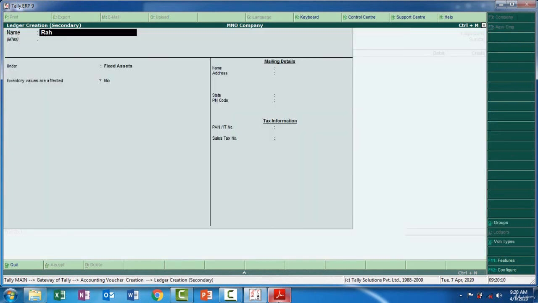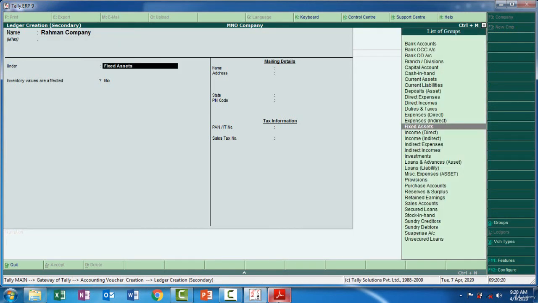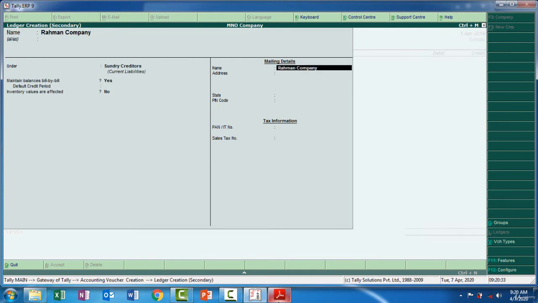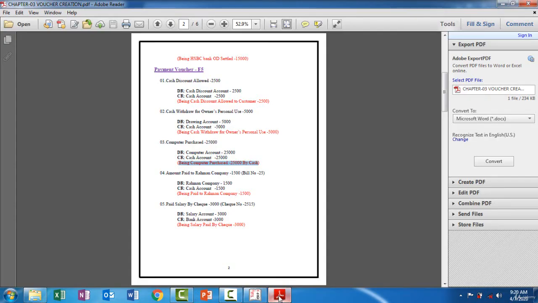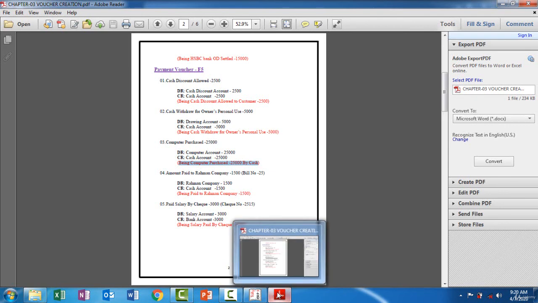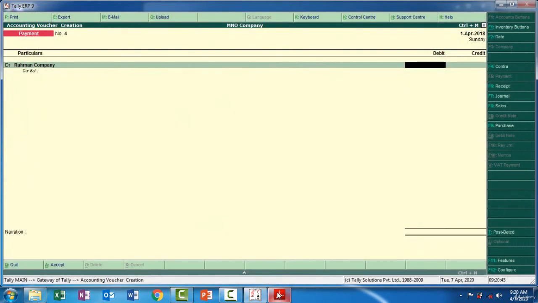Rahman company, Sundry creditors. So how much did we pay Rahman company? 1,500.